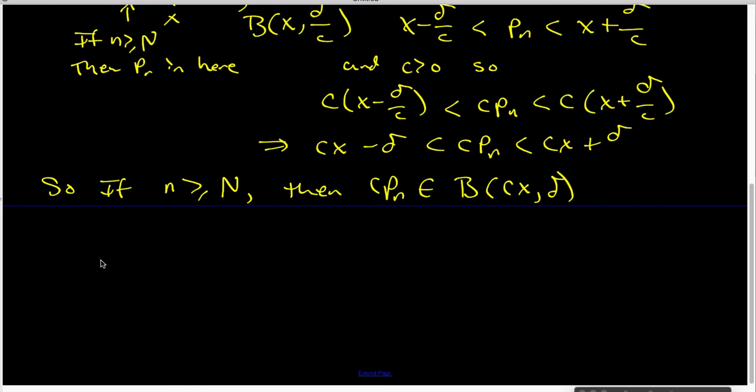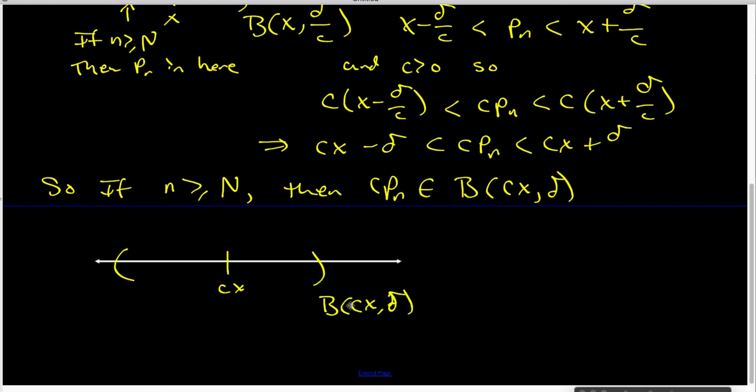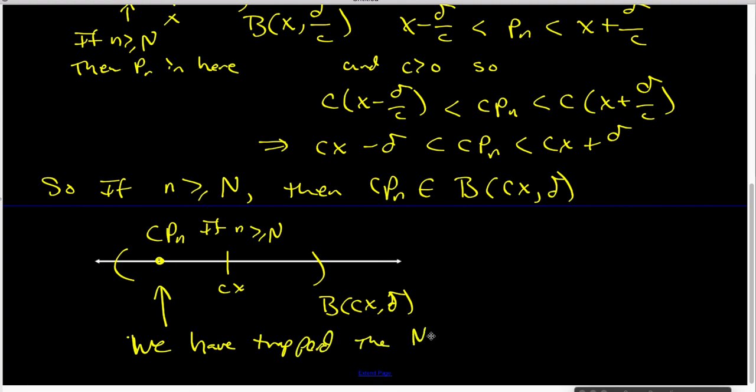In other words, we now do know that if this is Cx and this is the delta ball centered at Cx of radius delta, that C times Pn is going to be inside this ball if n is bigger than or equal to capital N. In other words, we have now trapped the tail of our sequence of C times pk inside the appropriate delta ball.